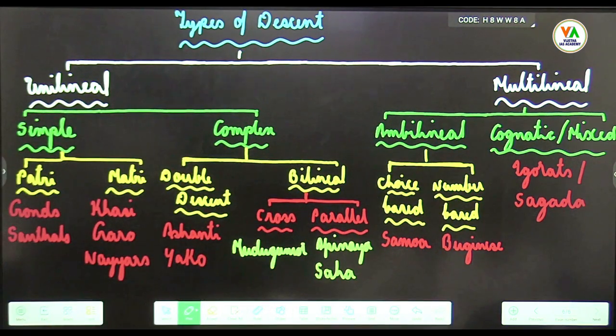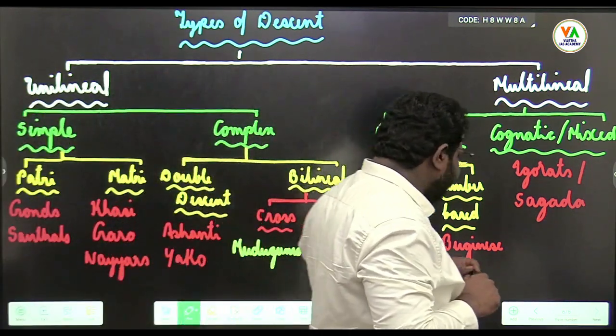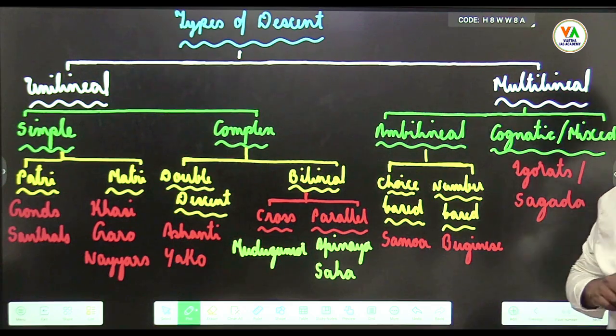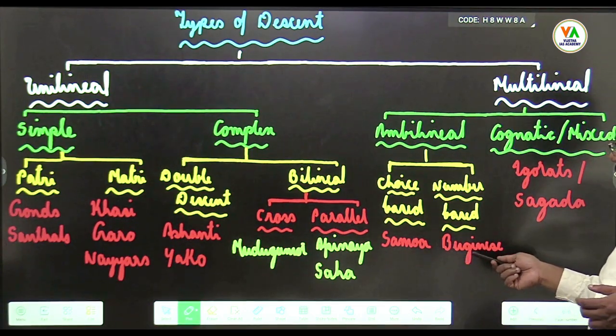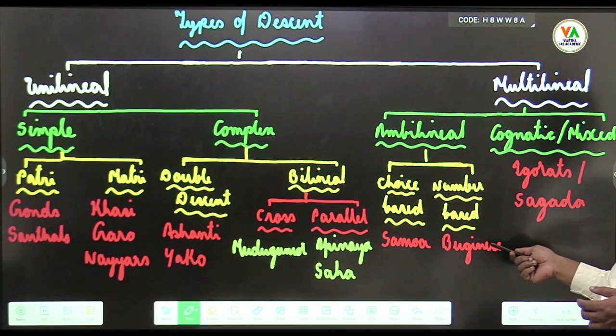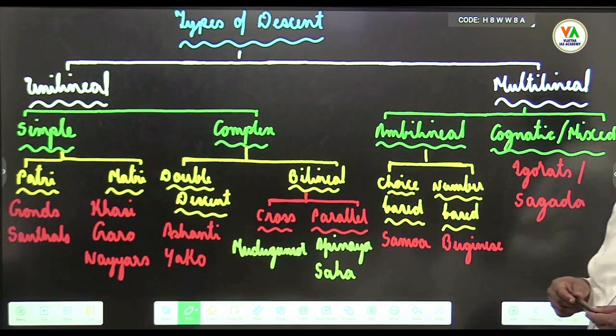Mudugumar, M-U-D-U-G-U-M-O-R. Apinaya, A-P-I-N-A-Y-A, Saha, S-A-H-A. Samoans. Earlier you have written this one. Buginese, B-U-G-I-N-E-S-E. The other things are clear, I think.